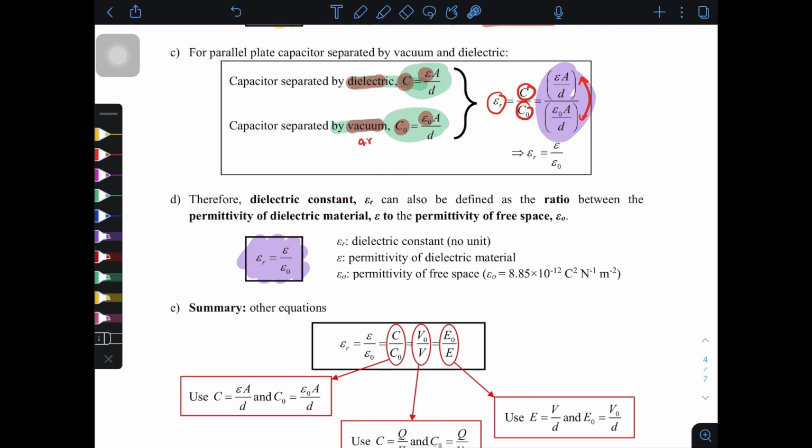Okay, so epsilon R yang kamu kena tahu, epsilon R ialah dielectric constant and there is no unit. Epsilon ialah permittivity of a dielectric material. So kalau ada materials baru akan ada epsilon R, akan ada epsilon, dan epsilon naught ialah permittivity of a free space kalau in air ataupun vacuum.